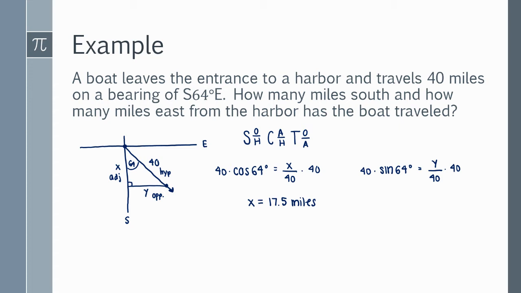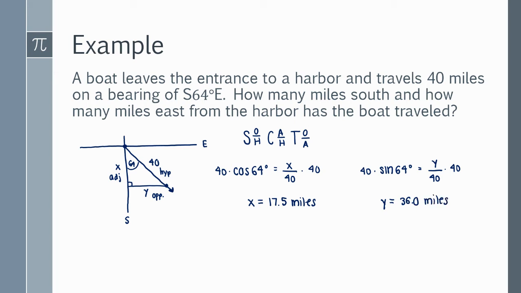Oops, I didn't do that correctly. In the calculator, if we also round to the nearest tenth, we get 35.95. The 5 rounds the 9, so that moves the 35 up to 36. And that's once again miles.